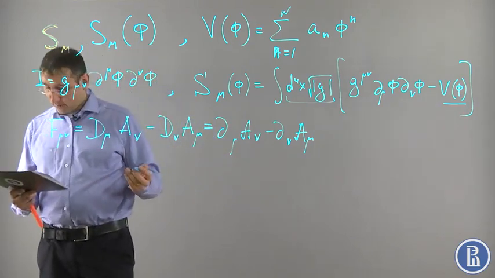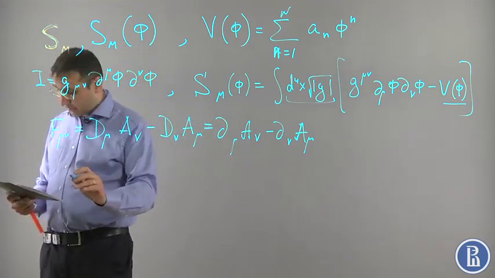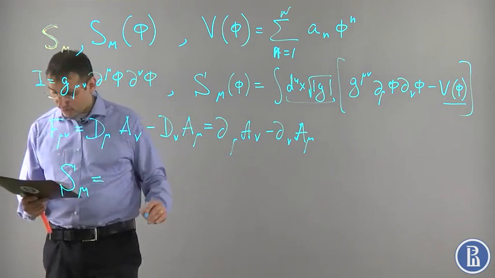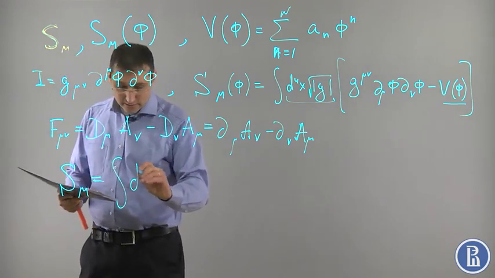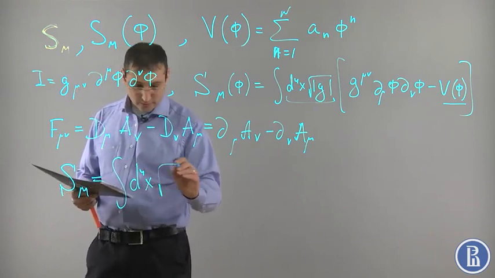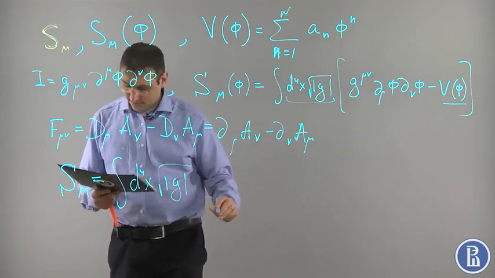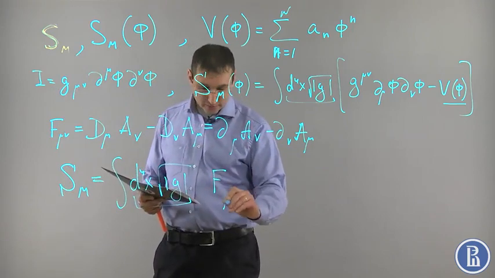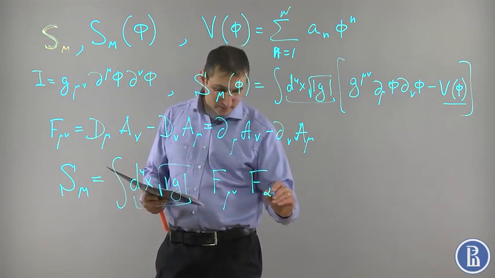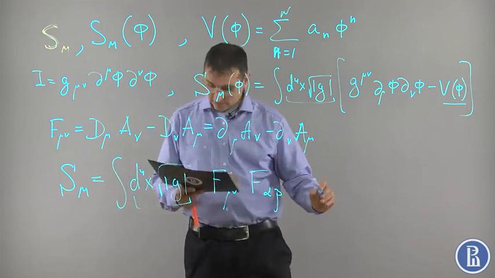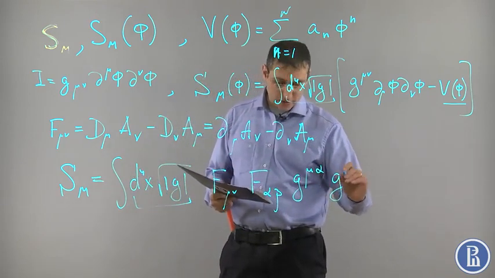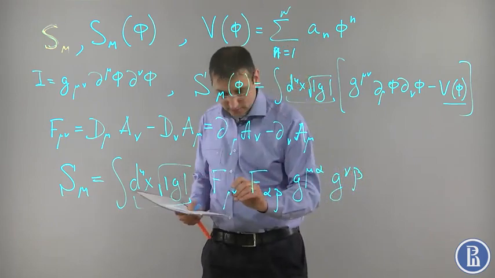As a result, we can straightforwardly write the following action for the electromagnetic fields, invariant under general covariant transformations. So this is again invariant, and now we built an invariant from the electromagnetic tensor, F mu alpha, F mu beta with g mu alpha, g mu beta.